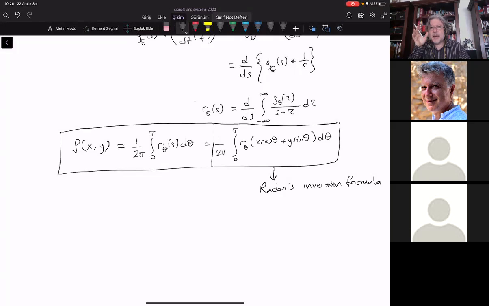As you see, we didn't have any Fourier transform operation here. We didn't take the Fourier transform, and we did not take the two-dimensional inverse Fourier transform.